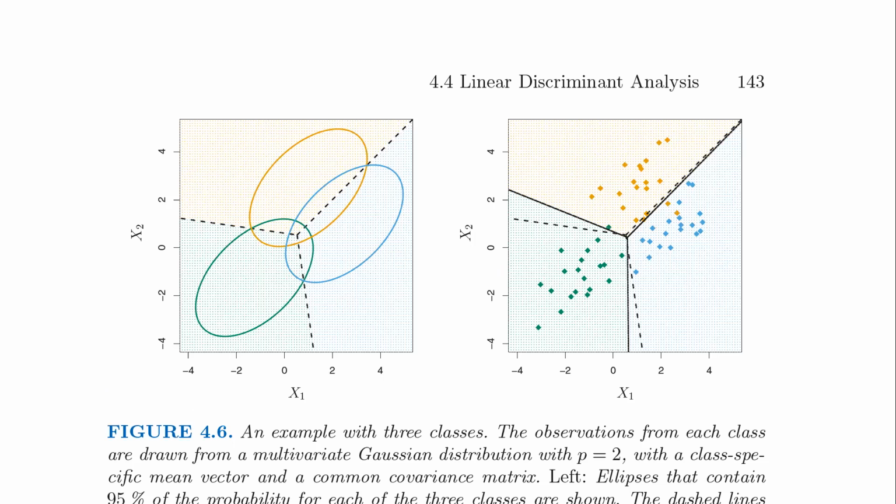This is a sort of a specific example. It's still three-dimensional. Remember, the color, the greens, oranges, and blues are giving us the third dimension. It is, in fact, what you're trying to predict. And we draw these decision boundaries.